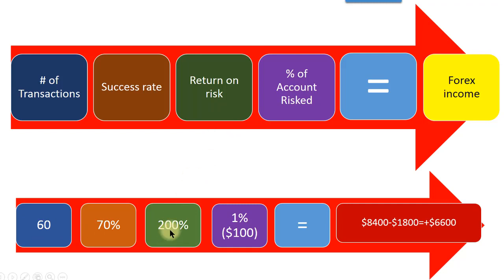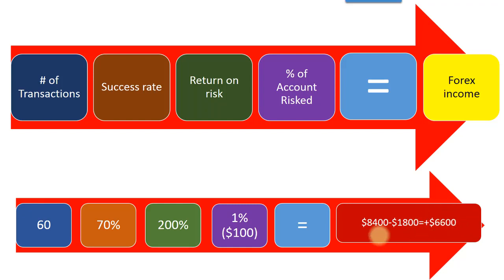In other words, for every $100 risked, makes $200. And the percentage of account risk is 1%. If one multiplies that out, you find that this trader made $6,600 on a $10,000 account.